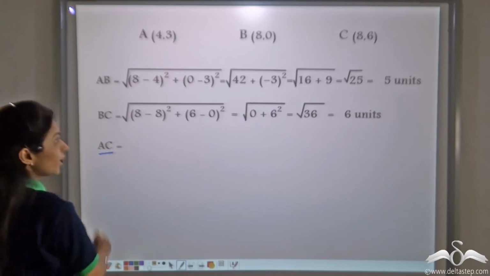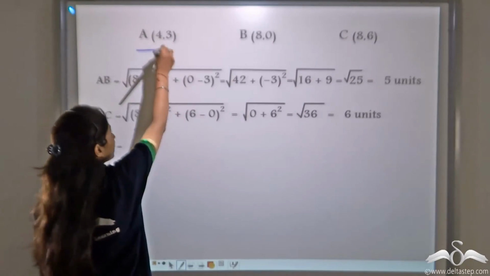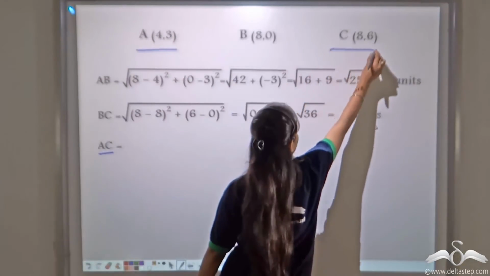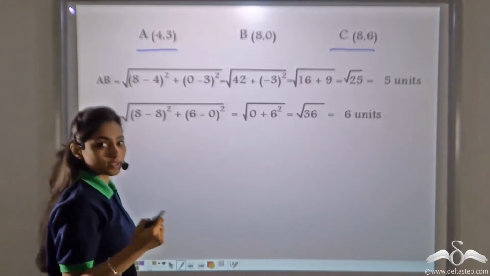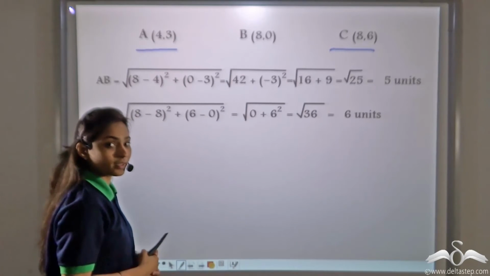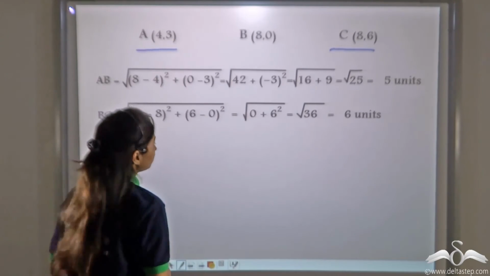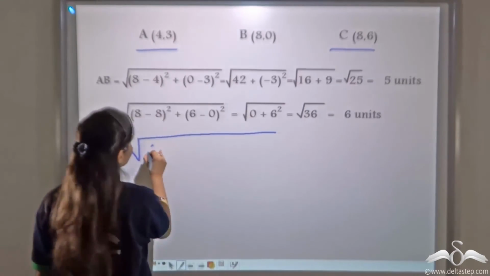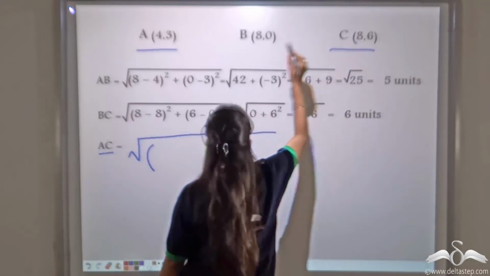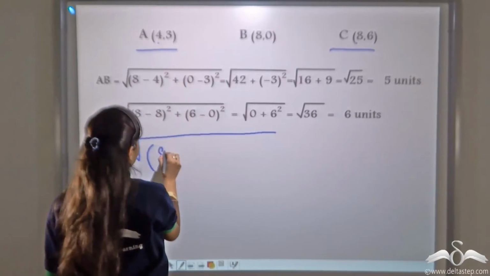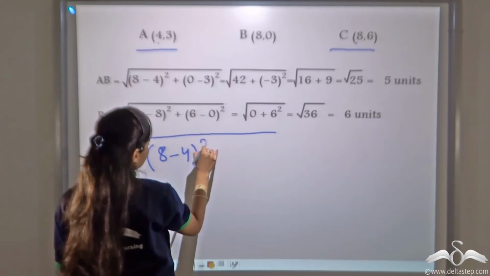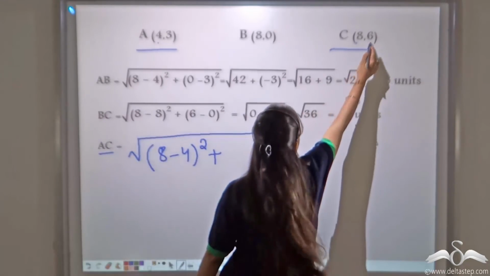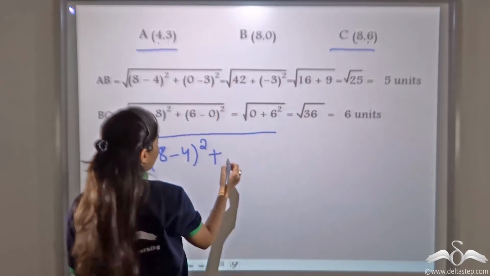Now we have to find AC, that is the distance between A and C. So with the same distance formula, you can find AC. Find it out. So AC is root over (x2 minus x1) whole square plus (y2 minus y1) whole square.